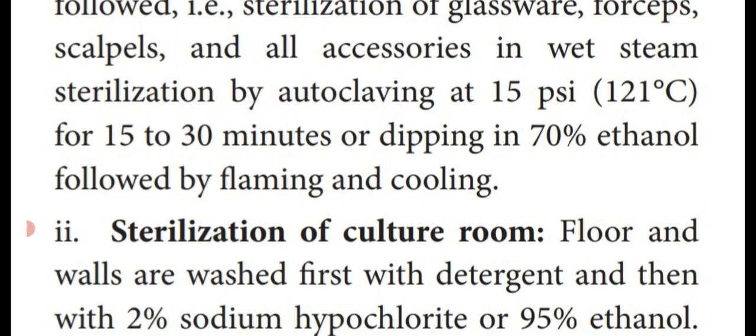The outer surface looks like a large vessel. In that autoclaving, we are applying 121 degrees Celsius or 15 psi, for 15 to 30 minutes to get rid of the microorganisms.